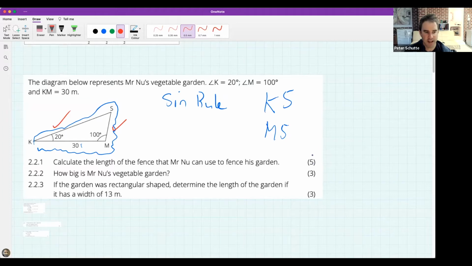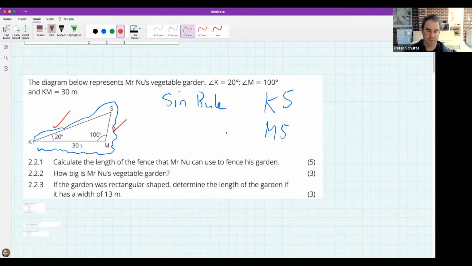I want you to find me the perimeter of this shape, bearing in mind that you use the sine rule to help you. Now, you could use the cos rule as well, I suppose, but like we were showing in the last lesson, there's sometimes different ways to do it. But let's just see how you guys go.